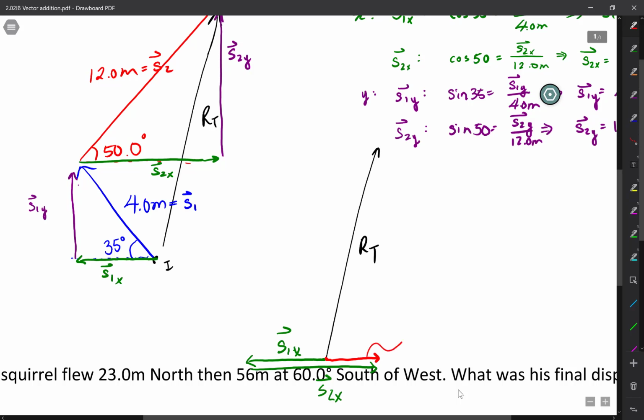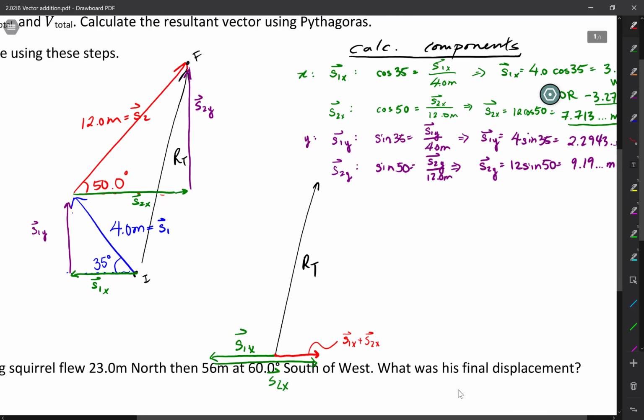So this red arrow vector is essentially S1X plus S2X. The reason why it's shorter is because S1 is in the opposite direction of S2, so there's some cancellation of that arrow to leave me with a smaller one. And mathematically, we're going to look at why that is so later on. Okay, that one is for my horizontal component.